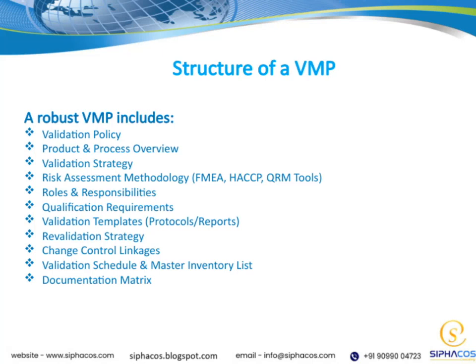A robust VMP, or Validation Master Plan, is essential for ensuring that our validation activities are thorough and well-structured. First, we have the validation policy, which sets the overall commitment and approach to validation within our organization. Next, the product and process overview provides a clear understanding of what's being validated and the critical parameters involved.